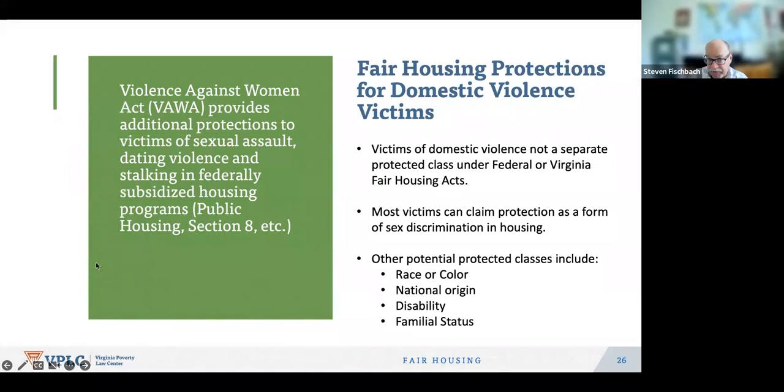And there's a separate federal law that provides additional protections to victims of sexual assault, dating violence, and stalking for residents in federally subsidized housing. I'm not going to go into what that is, but I just wanted to at least point out that there is some additional protection specifically geared towards victims of domestic violence. Next slide.